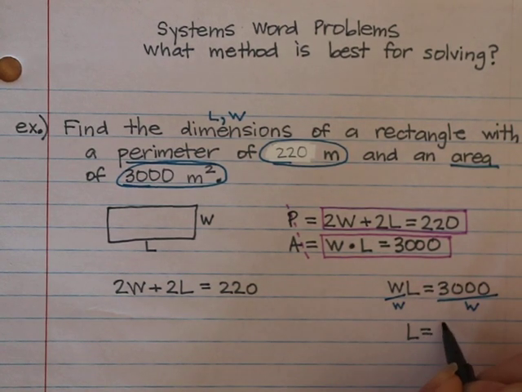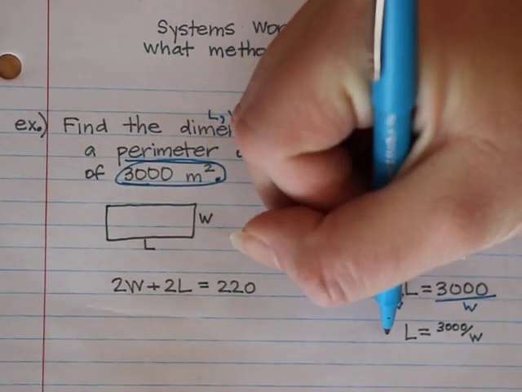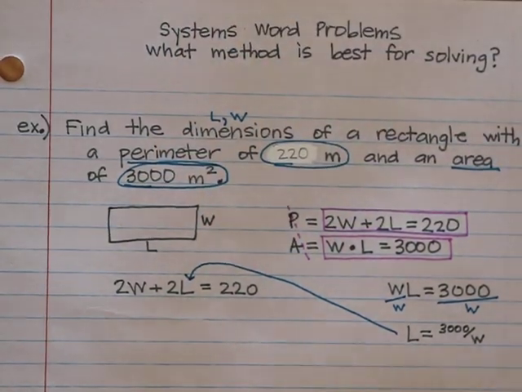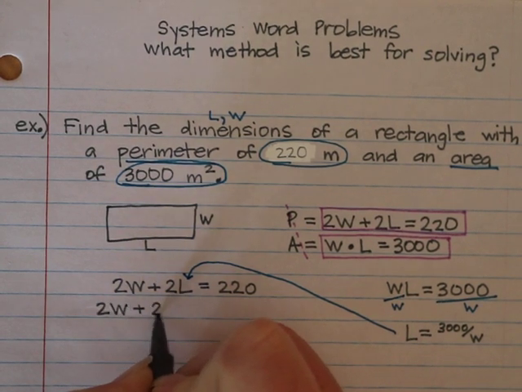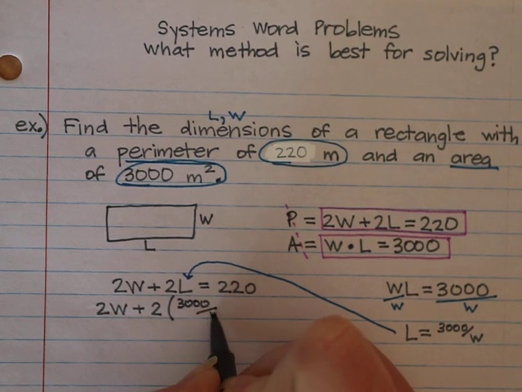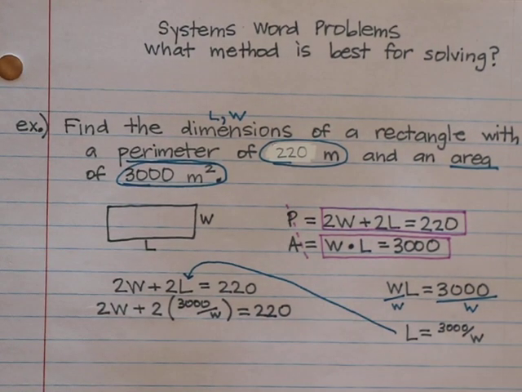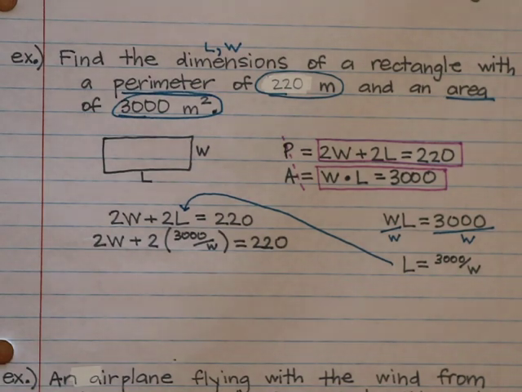The length is equal to the area divided by the width. Then I'm going to take that and substitute: 2W plus 2 times that. So far so good. We've done substitution. We've plugged in what we have into the other equation.